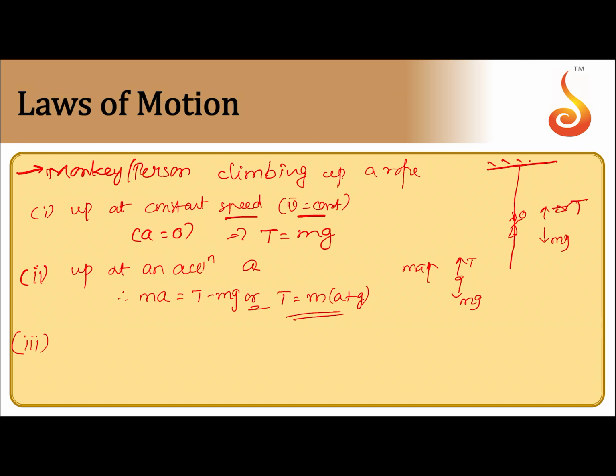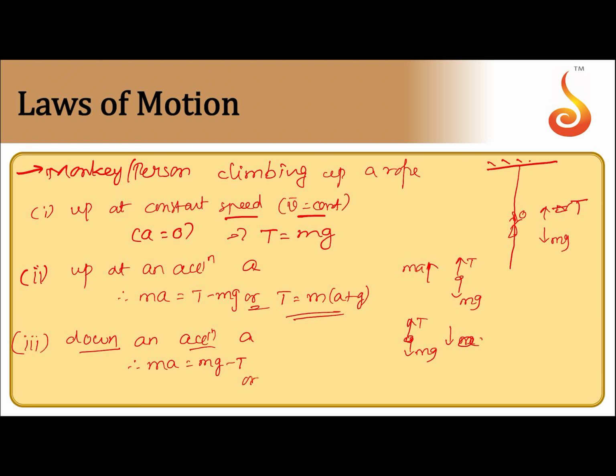Suppose I consider the case where it now moves down with an acceleration a. So this time what are all the forces? mg and T, and it is climbing down with an acceleration a. So what is the equation? ma = mg minus T. Is that correct?